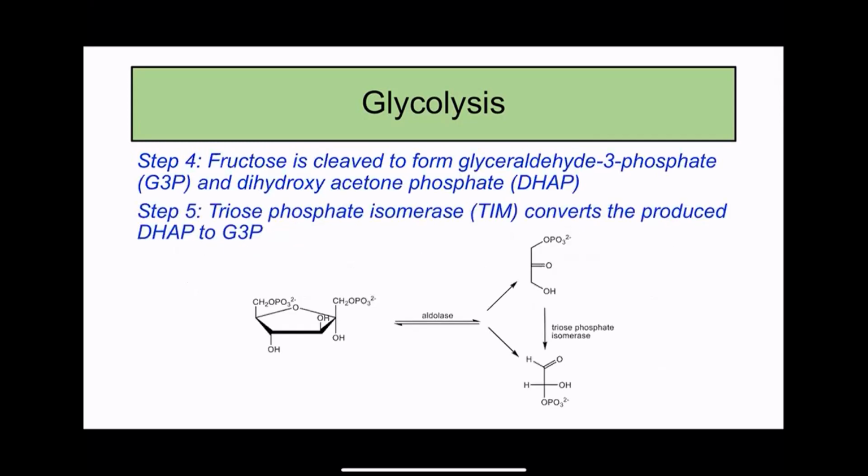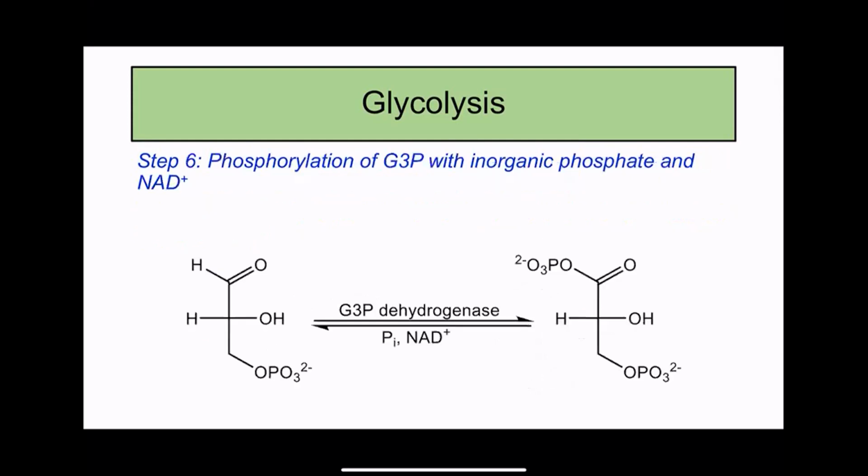Step 4 is using aldolase, which is one of the serine proteases that we just talked about. And it will cleave fructose into G3P and DHAP. And then your step 5, which converted right here, is the conversion between the two. Okay.